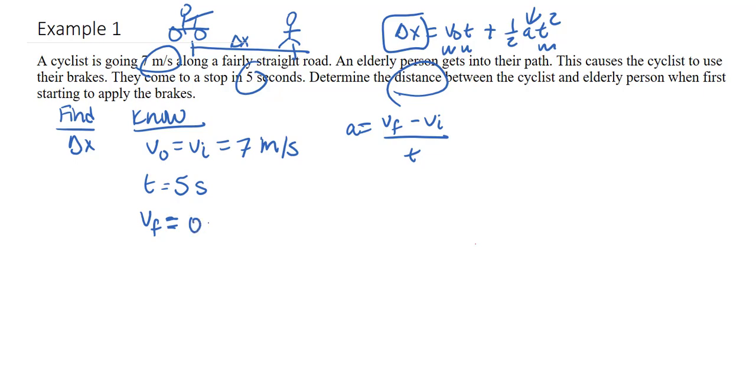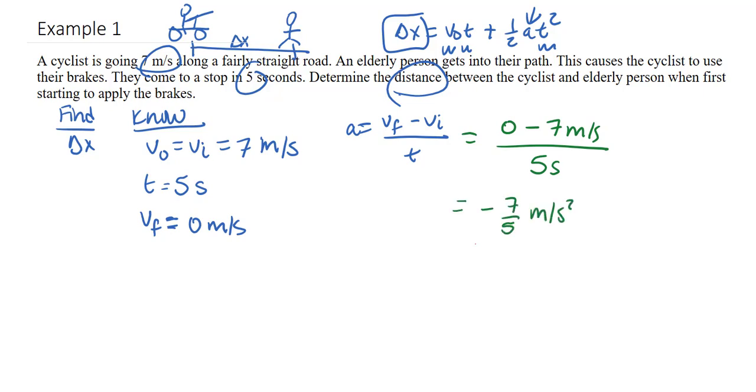It's going to be 0 meters per second, because they're no longer moving when they get to that person, because they came to a full stop. So that is 0 minus vi, so that's 7, over our time, which is 5 seconds. So what do we get? Well, we get negative 7 over 5 meters per second squared.